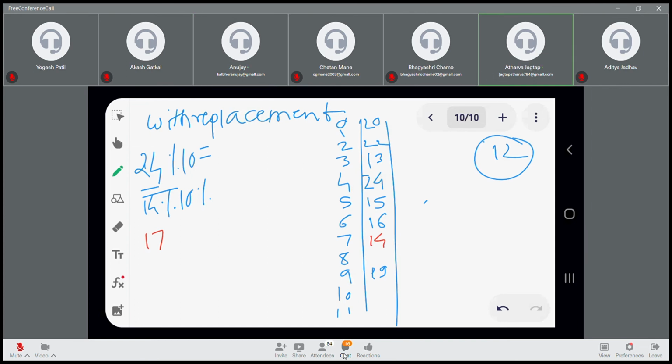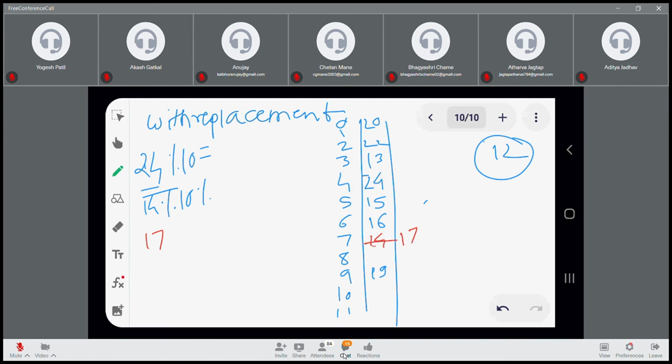Yes. Now here we are applying the technique of with replacement. If you see, for index 7, 14 is not the actual index, but for 17, 7 is the actual index. That's why we are going to replace this 14 by 17.